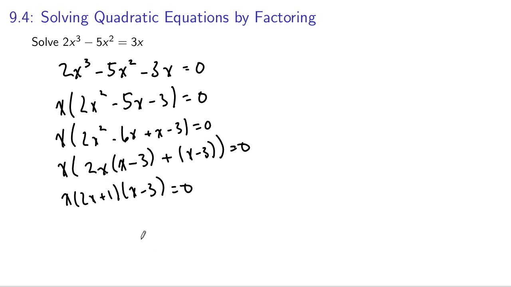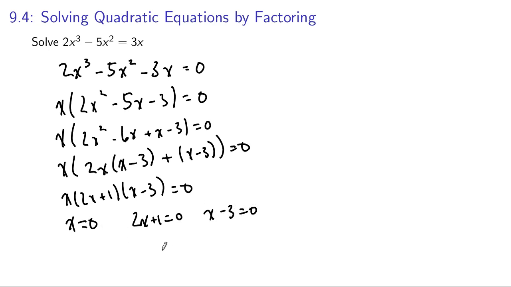Now we have three factors multiplied together to make 0, so we can use the zero factor principle to solve. We write three equations, each of them set to 0. x could be 0, 2x plus 1 could be 0, x minus 3 could be 0.